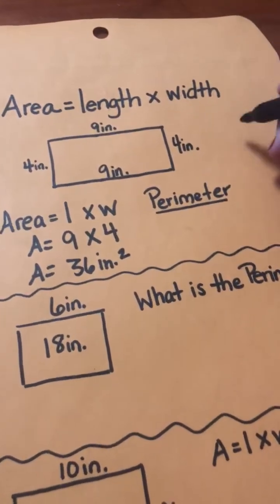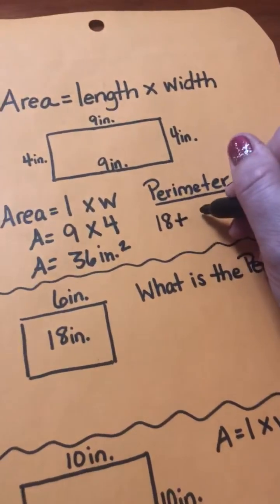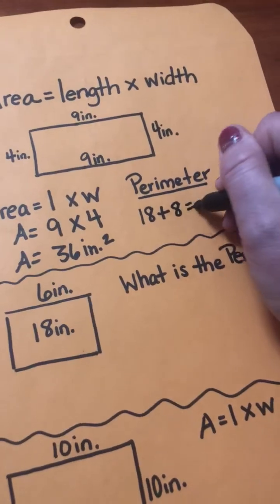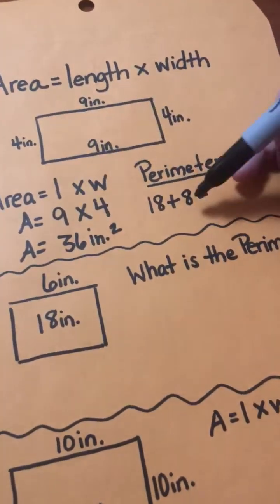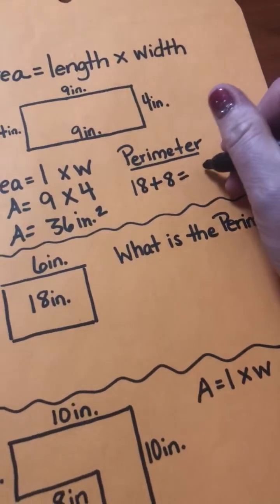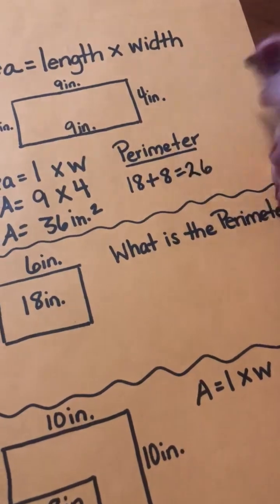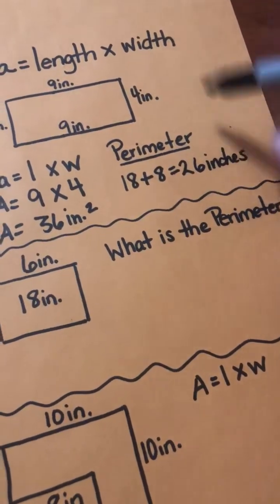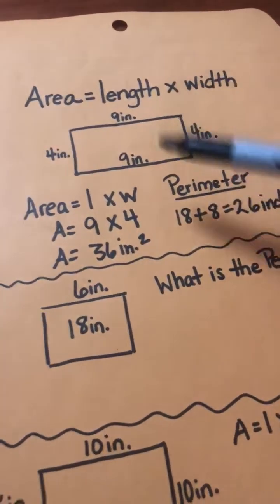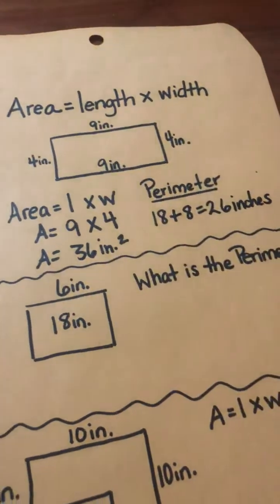So ultimately, we are just going to add up 18 plus 8, which I am getting from the 9 and 9 is 18, 4 and 4 is 8. 8 plus 8 is 16. I would regroup, and that would be 26. So 26 inches total around the outside of this figure versus 36 square inches for the middle.